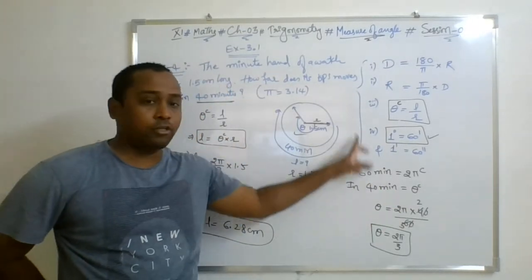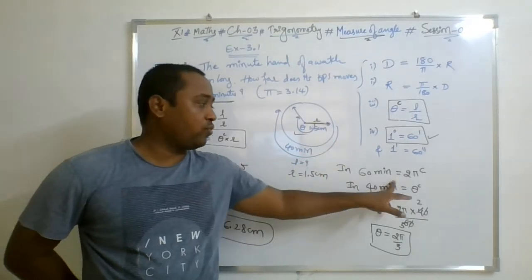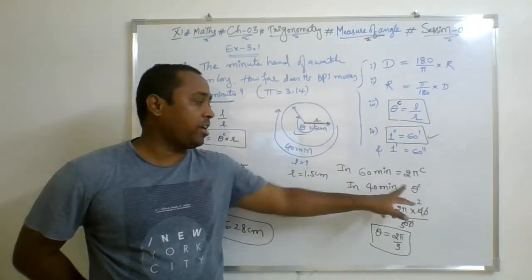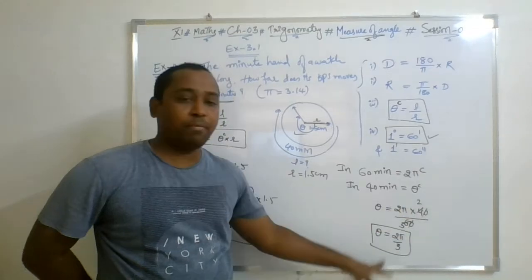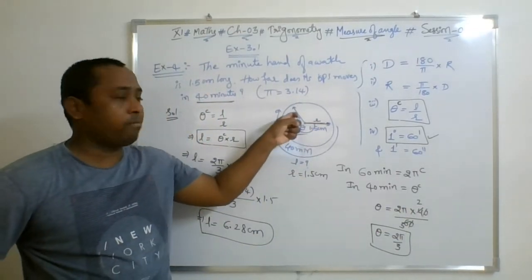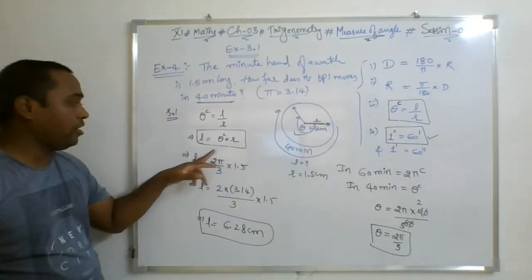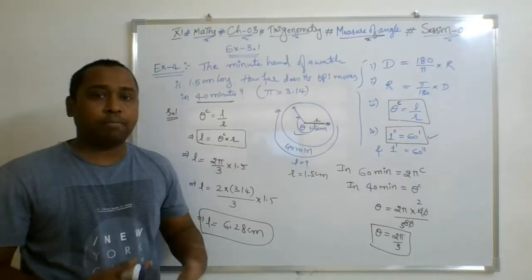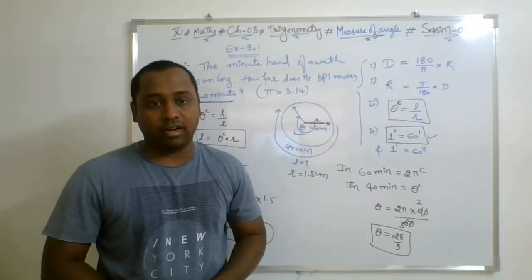In one complete rotation the minute hand covers 60 minutes, which forms 2 pi radian at the center. Then in 40 minutes, how much radian will it form? By using the cross multiplication method I will be able to calculate the angle subtended by the minute hand in 40 minutes. Once I get the angle, I can use this theta and radius to get the remaining one. So this is the application of the relation of theta, L and R, circular measure.